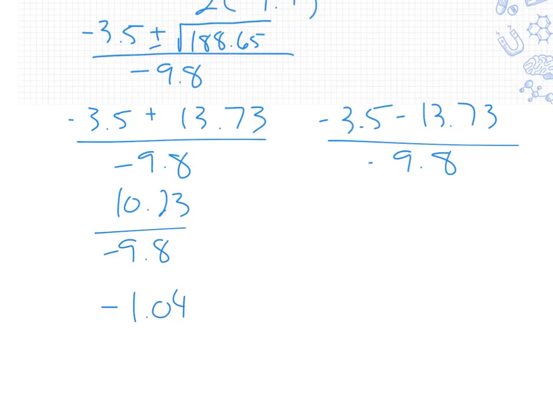And on the other one, negative 3.5 minus 13.73 is negative 17.23 divided by negative 9.8. Once we divide that, we get 1.76.